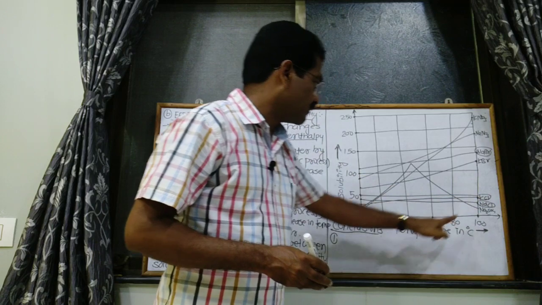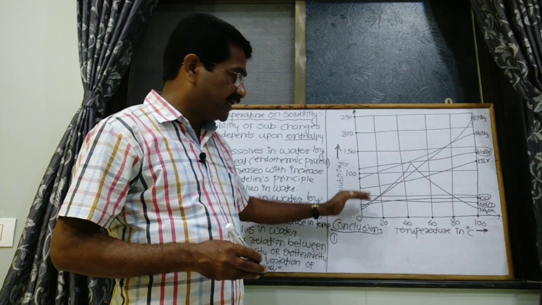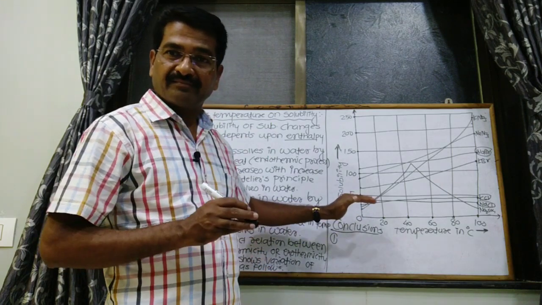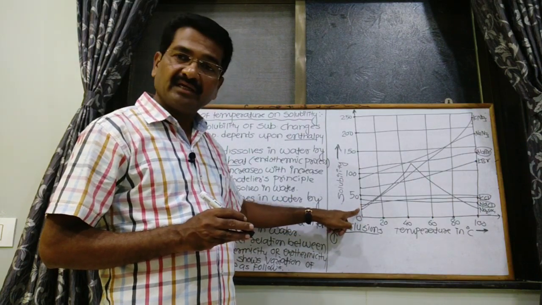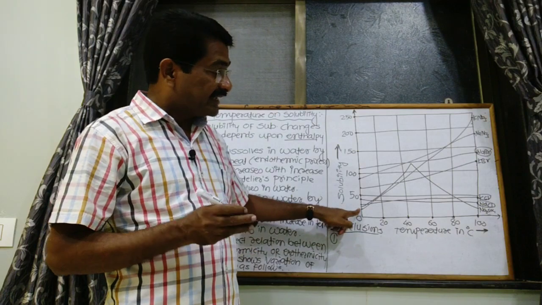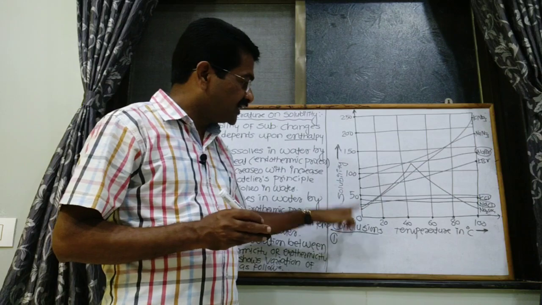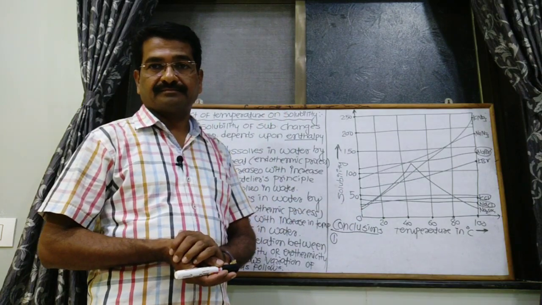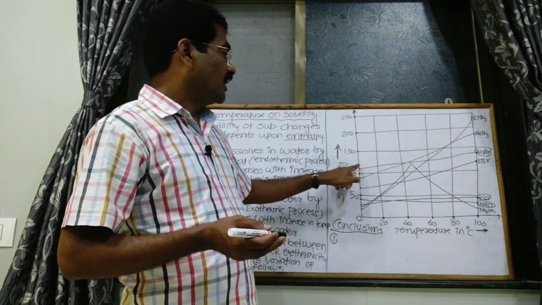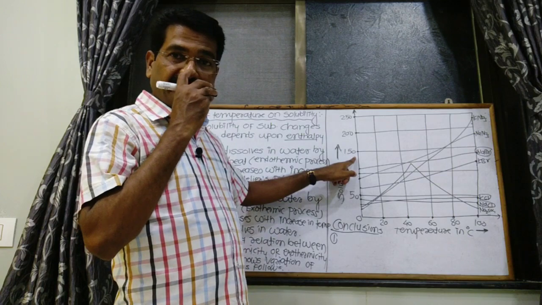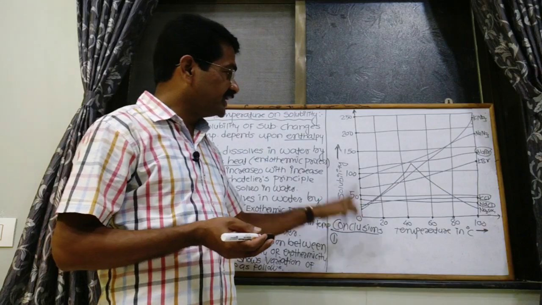KCl has a solubility lower than 50 at 0 degree Celsius. NaCl also has a solubility less than 50 at 0 degree Celsius. Then NaBr has a solubility between 100 and 150, nearly about 110 at 0 degree Celsius.